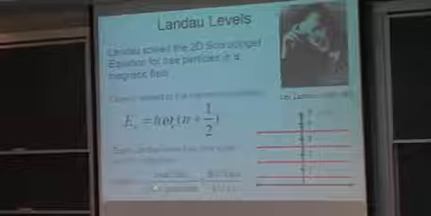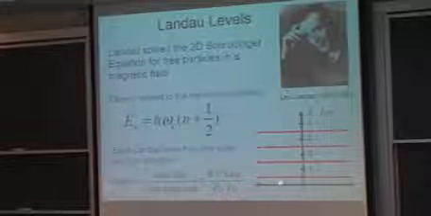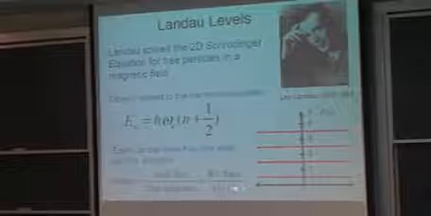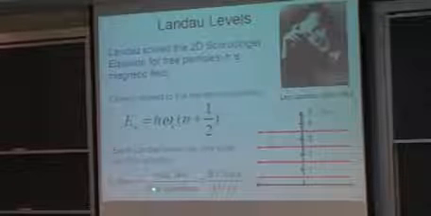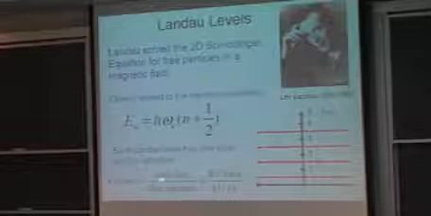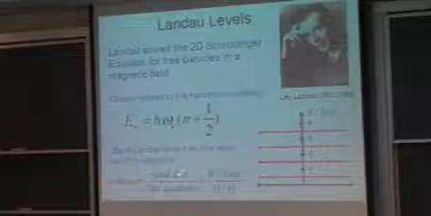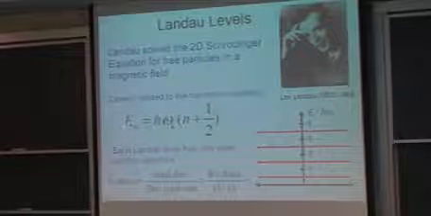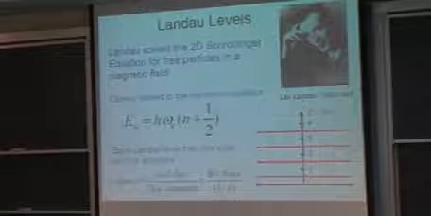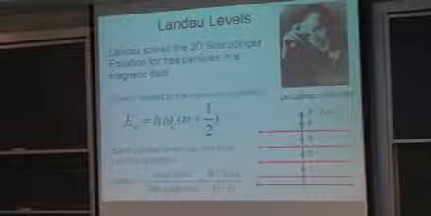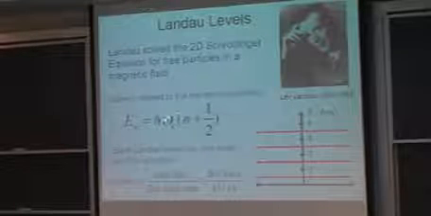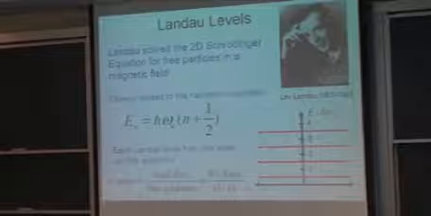If you pick up an introductory quantum mechanics book like Landau, you can read a section on electrons in a magnetic field, and what you would find is that the electron in a magnetic field problem can be mapped to the harmonic oscillator problem, and essentially what you have are the harmonic oscillator eigenvalues, except that you have the cyclotron frequency instead of the harmonic oscillator frequency.